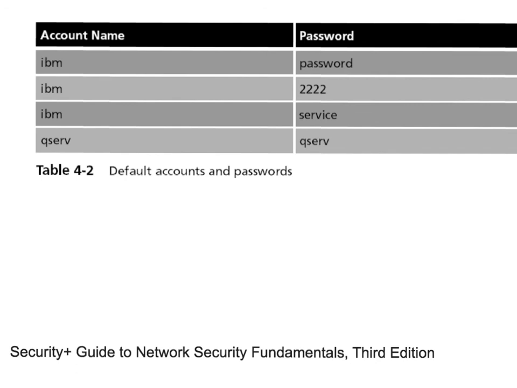Service, QServe. Back in the late 80s, it was popular for admins to have the username God, and then a password like iceberg lettuce, something really stupid and weak. But because they're God, they could never be hacked. Back then.